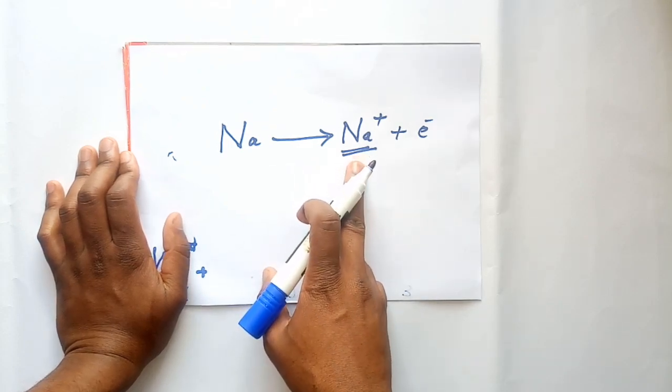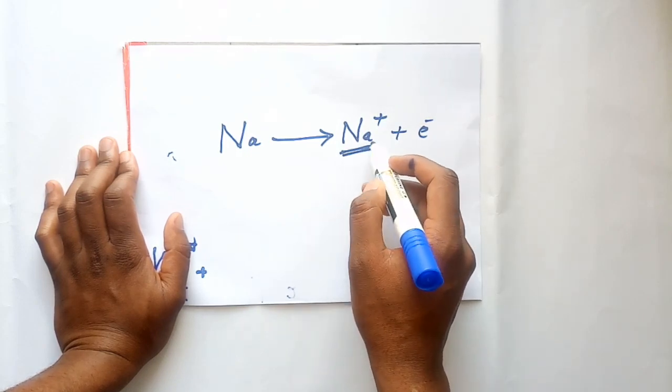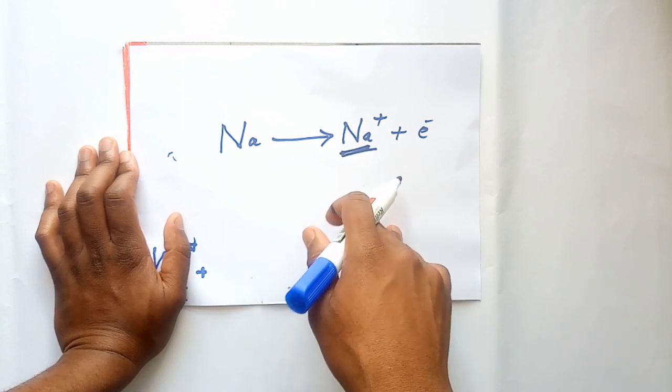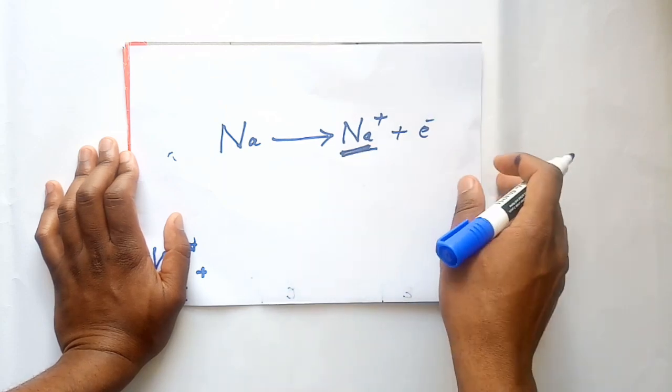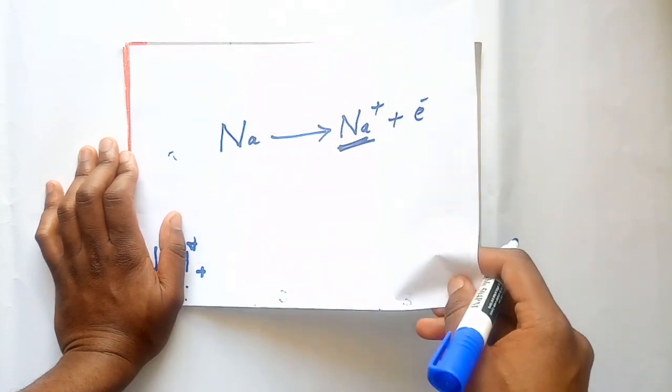But when it comes to polyatomic ions, instead of only having one kind of atom in the ion form, we have various types of atoms of different elements. Let me show you what I mean.